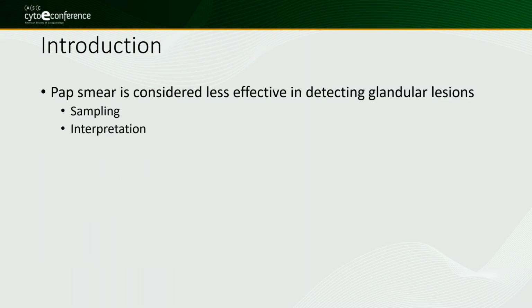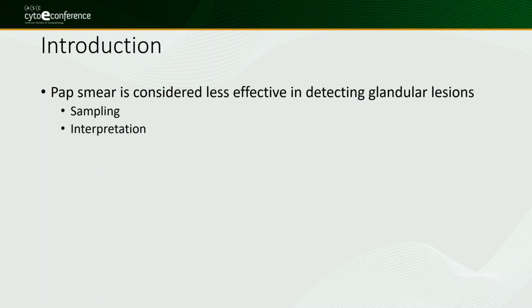Pap smear in general is considered less effective in detecting glandular lesions, mostly due to sampling. First of all, the usual pap smear collection doesn't really collect endometrial cells, so we have to wait until the endometrial cells come to our slides during the collection process.